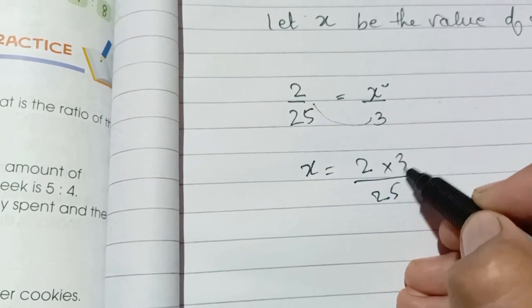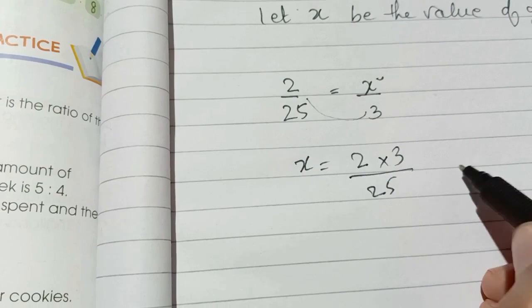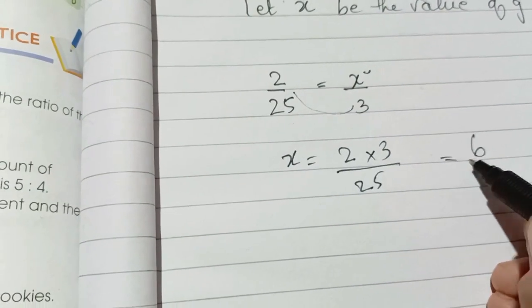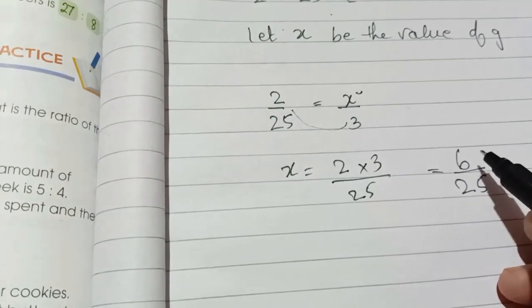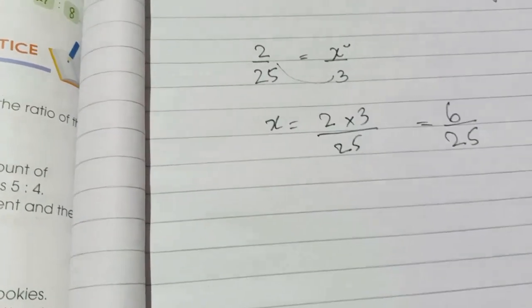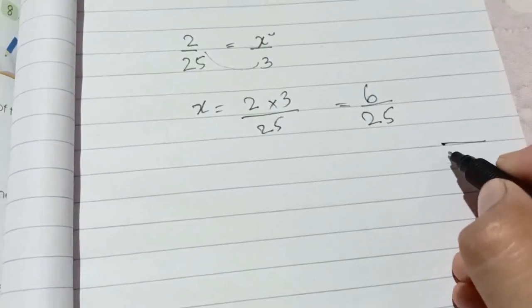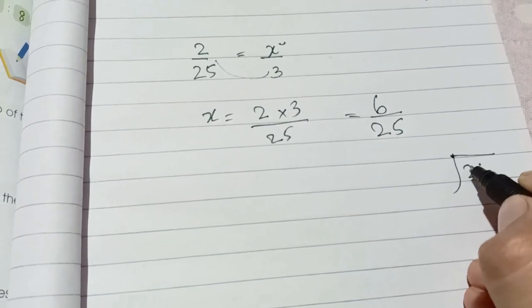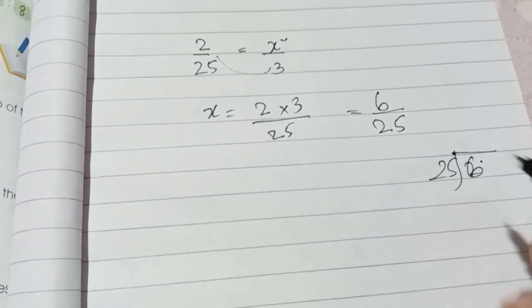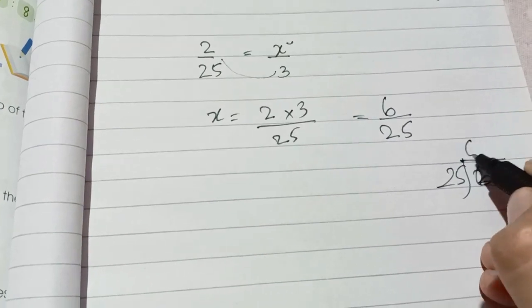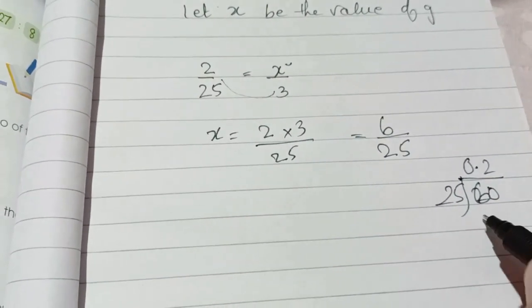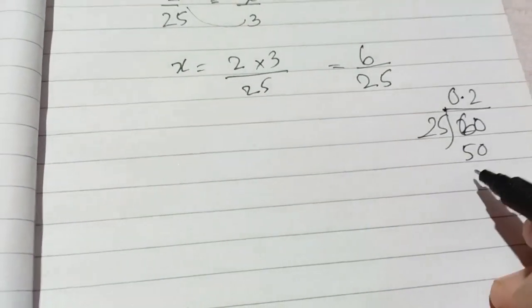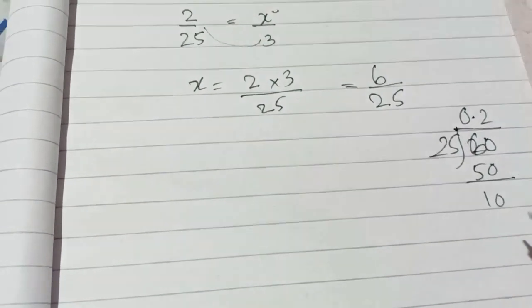Now we have 2 3s are 6, and 25 here. Now when we divide 25 with 6, we get 0 and here is a 0. 25 2s are 50 and the remaining is 10.